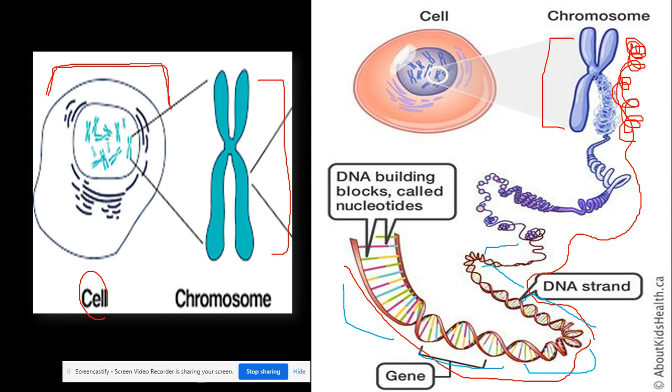Every section of the DNA contains a gene. Gene 1, gene 2, gene 3, gene 4, gene 5, and so on. And these genes contain our genetic information. So all of our information is packed inside these genes, and these genes are inside our chromosomes.